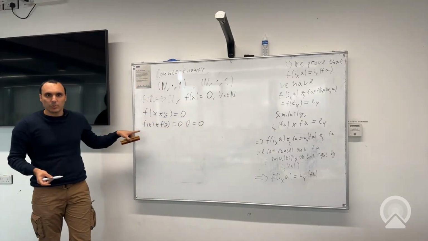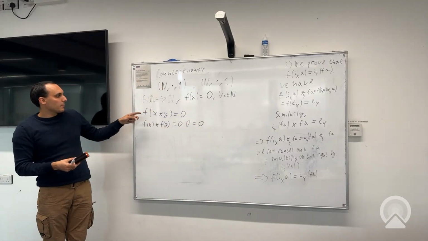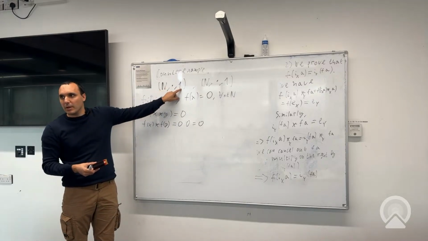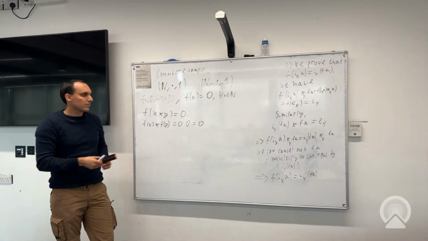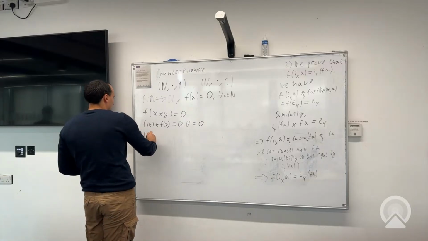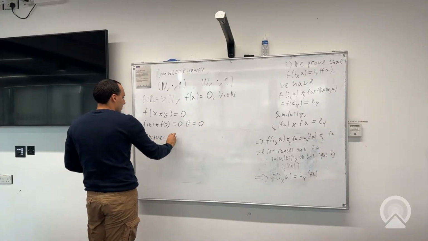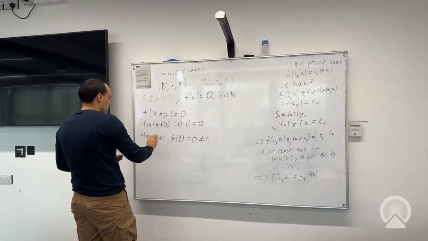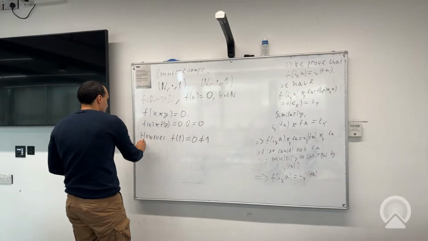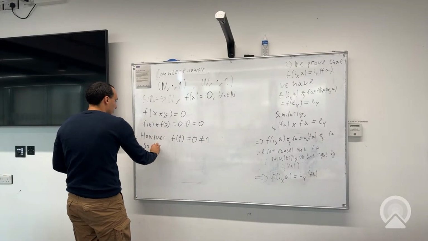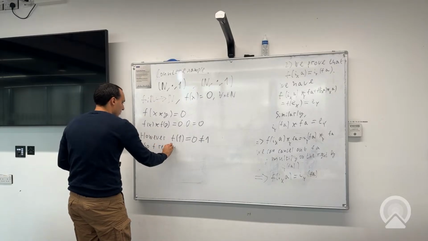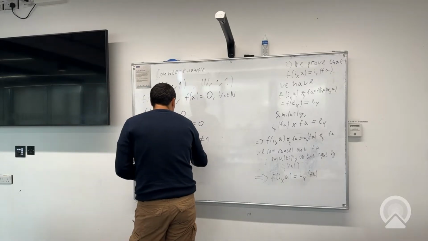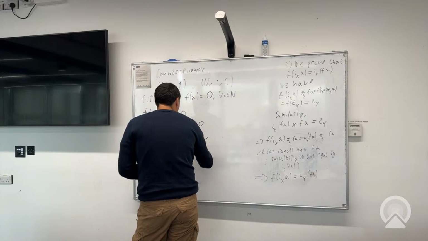So this function respects multiplication. However, the identity 1 is mapped to 0. f of 1 is equal to 0, which is not 1. So f doesn't respect identity. So f respects multiplication, but not identities.